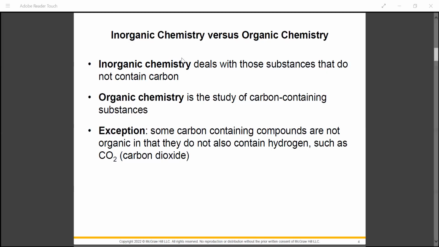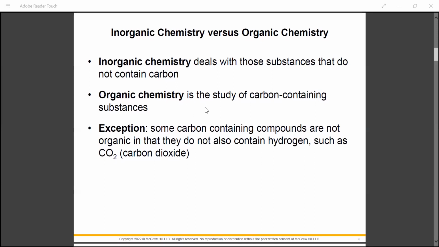So inorganic means no carbon is present. Organic, carbon is going to be present. So there is a slight exception to the rule. There are some carbon-containing compounds that are not considered organic, or are considered inorganic, because they do not also contain hydrogen. That'll make a little bit more sense when we start discussing some of our organic molecules. You'll see that not only is there carbon, but there's also hydrogens.